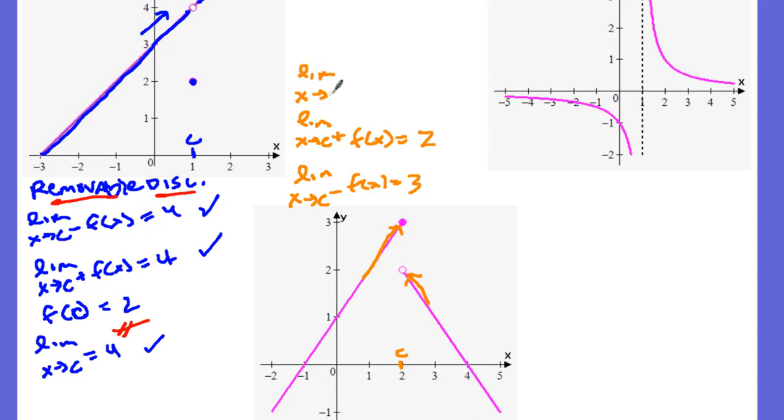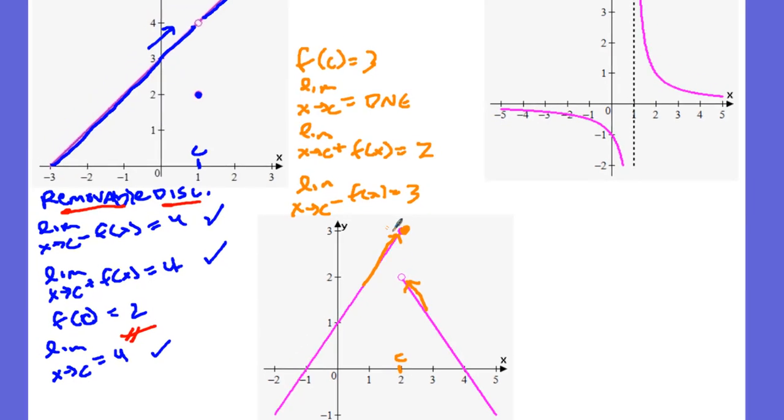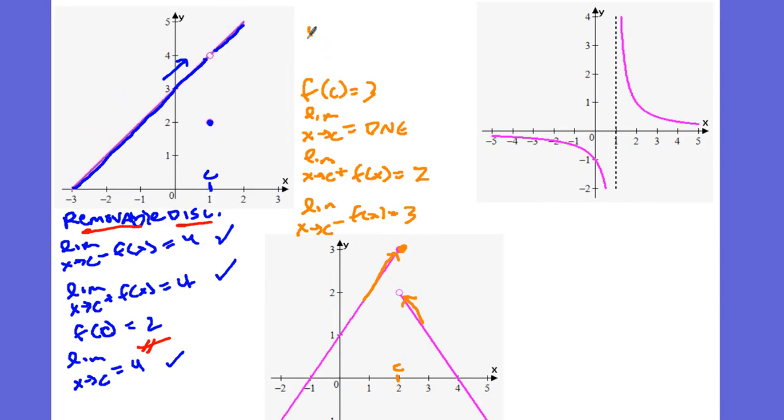The limit as x approaches c does not exist, because 2 and 3 are not the same value. They don't meet up, so right away condition 2 is not working here. We know f of c is equal to 3, because I have a point right here at 3. Where we have to jump from one spot to the next, we call that a jump discontinuity. So we had a removable discontinuity, where we have a hole and that point is removed, and we have a jump discontinuity when one function has to jump to the other.